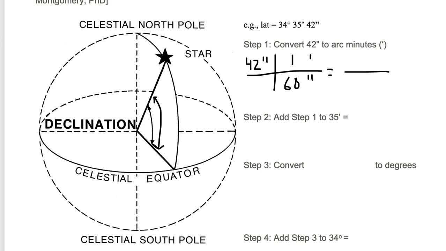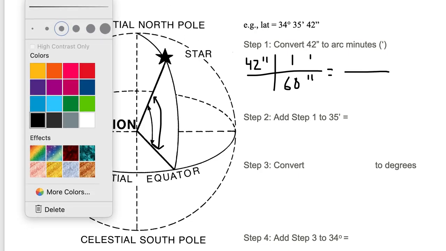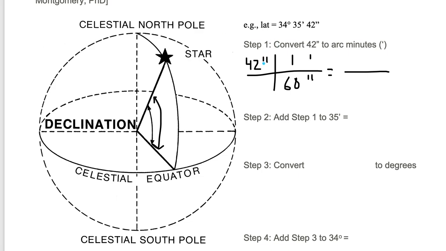So we take a look at our units, and we divide out arc seconds. The only unit we're left with is arc minutes, so the arc minute unit moves over. Now we look at the numbers. We've got 42, multiply by 1, and divide by 60.